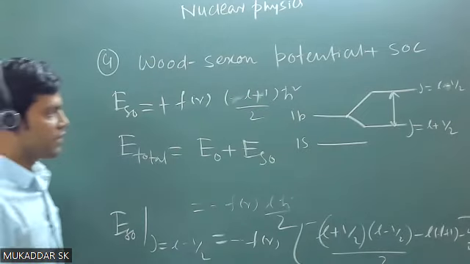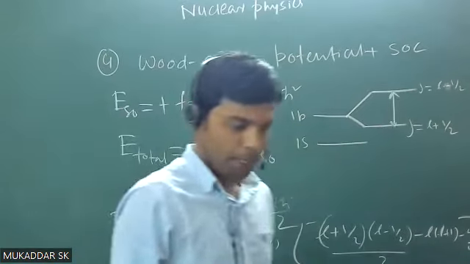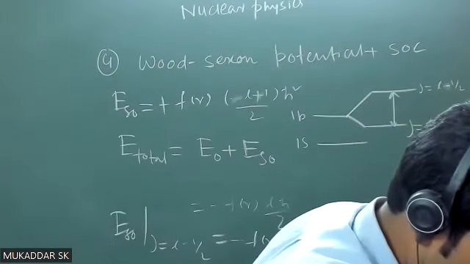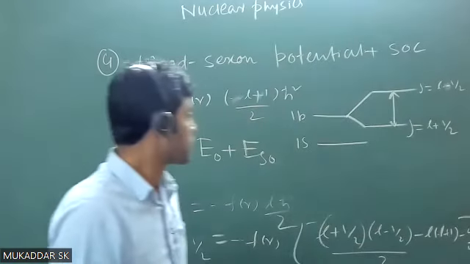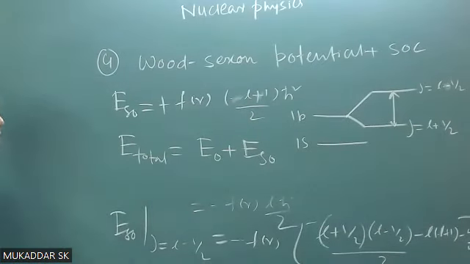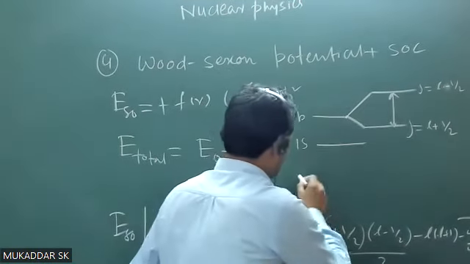Can you tell me what will be the separation between these two levels? How much separation will come? Can you please tell me what is the separation? This is really important for your exam. How much will it be? FR H cut square.